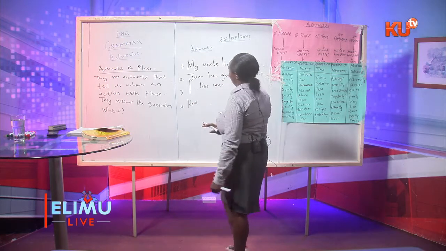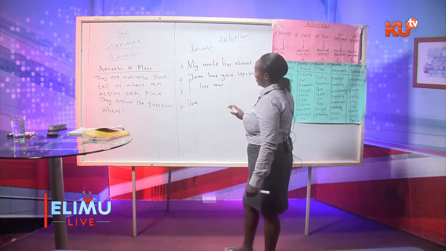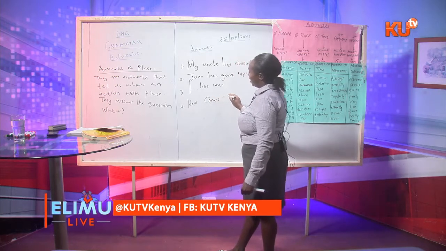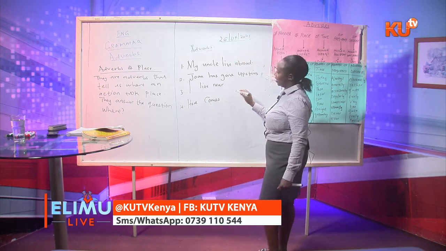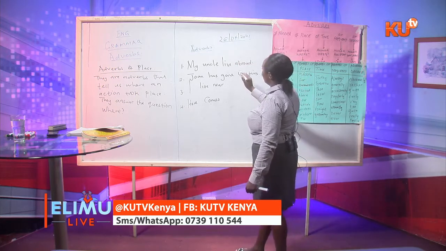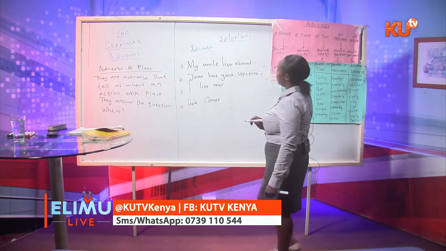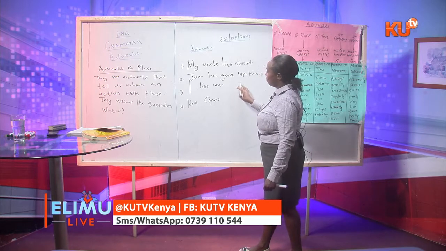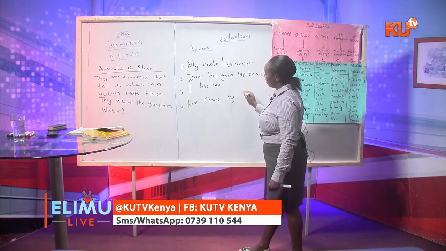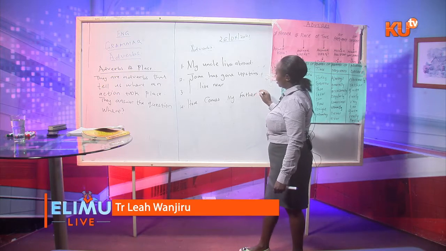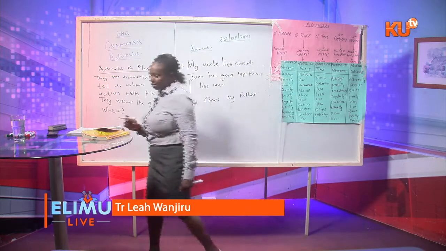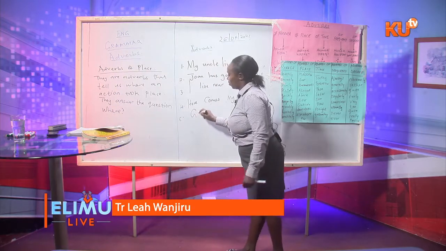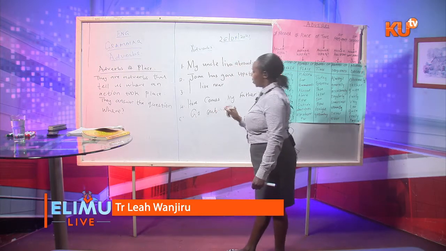I live near. My uncle lives abroad. Joanne has gone upstairs. I live near. Here comes my father. Here comes my father. Go out.